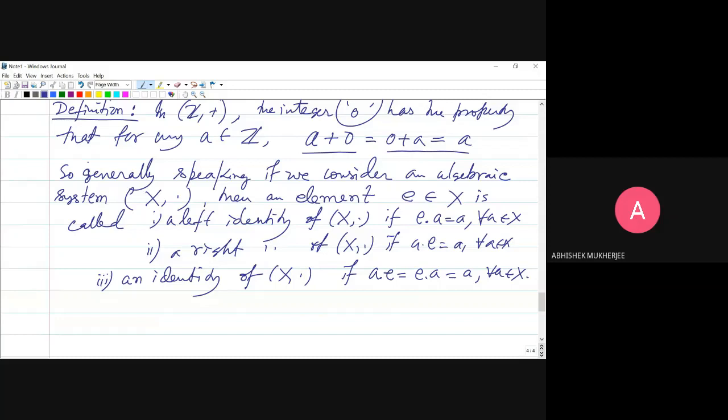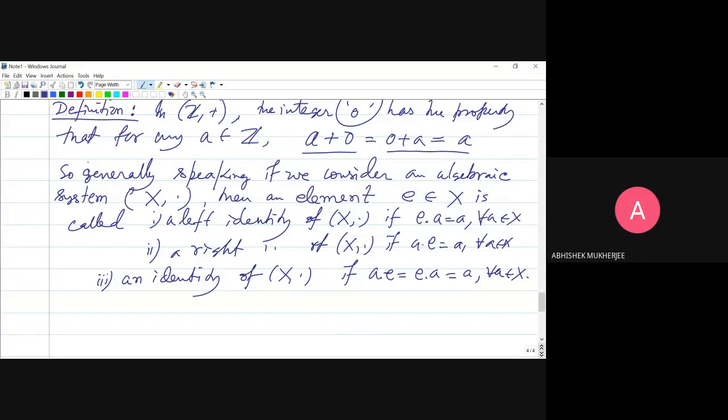Okay. So as an example, you can have at once that 0 in the algebraic system (Z, plus) is the identity. If you consider multiplication over Z, then you will see that 1 is the identity, because just multiply any integer with 1, you will get the same integer, right? Now, if you consider the set of all matrices, then you will find that the zero matrix will have the role of an identity.